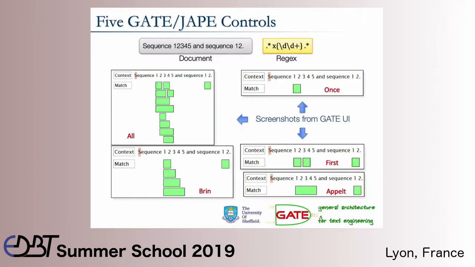So here we have a document, sequence 1, 2, 3, 4, 5, and sequence 1, 2, and the regex extracts all of the spans that are 2 or more digits. Okay, so the all semantics will give you all of the extracted spans, and the one semantics will stop the first time it found one match, and the brain will allow for some overlaps, but only with prefixes and so on.